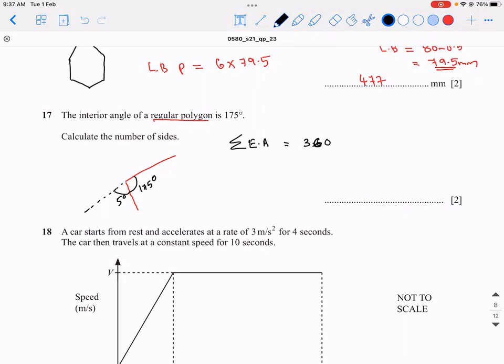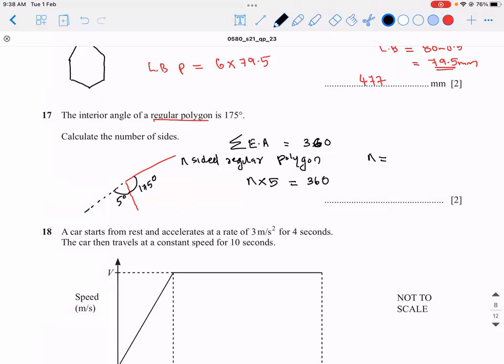Since we have n sides, we can assume this regular polygon has n sides. Therefore, the total sum of the exterior angles means n multiplied by each exterior angle, that is 5, and that will add up to give 360 degrees.